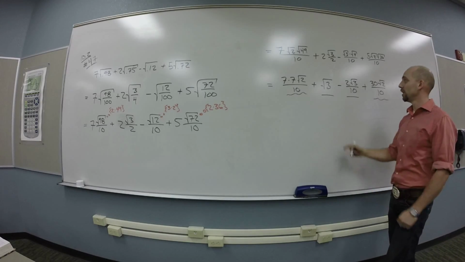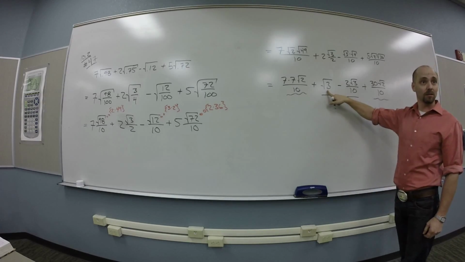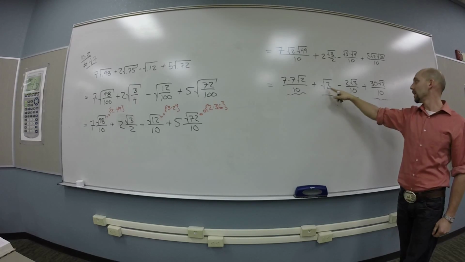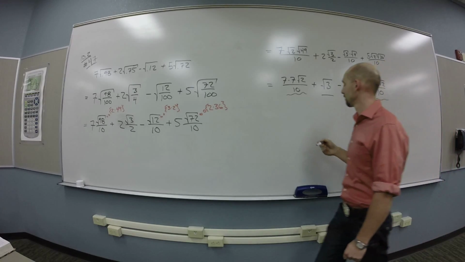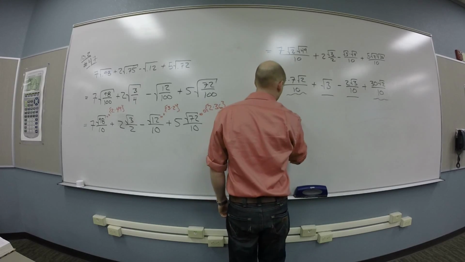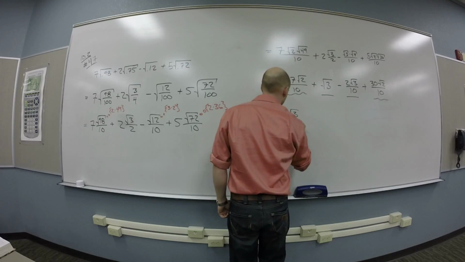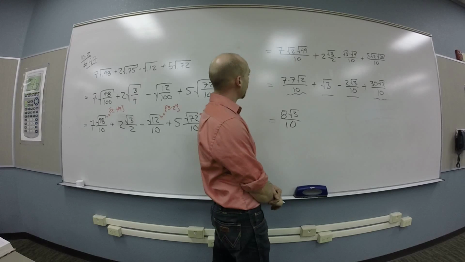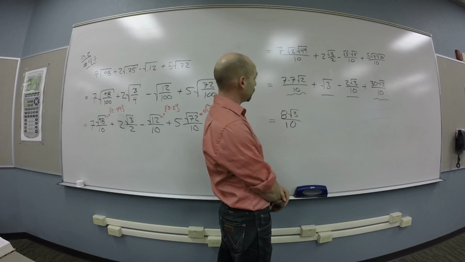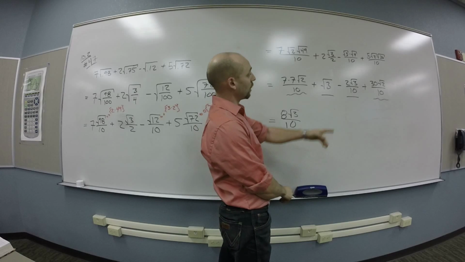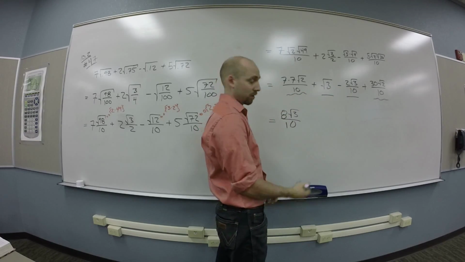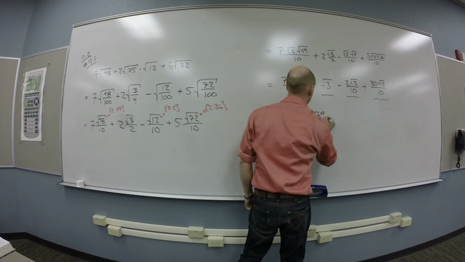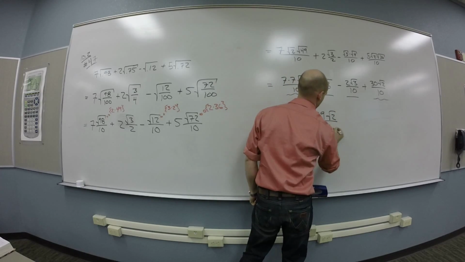So here I have 10 root 3's over 10, and then 2 root 3's over 10 taken off, so what am I left with? 8 root 3's over 10. And I have here, how many root 2's over 10? 49, and over there I have 30, so all told I have 79 root 2's over 10.